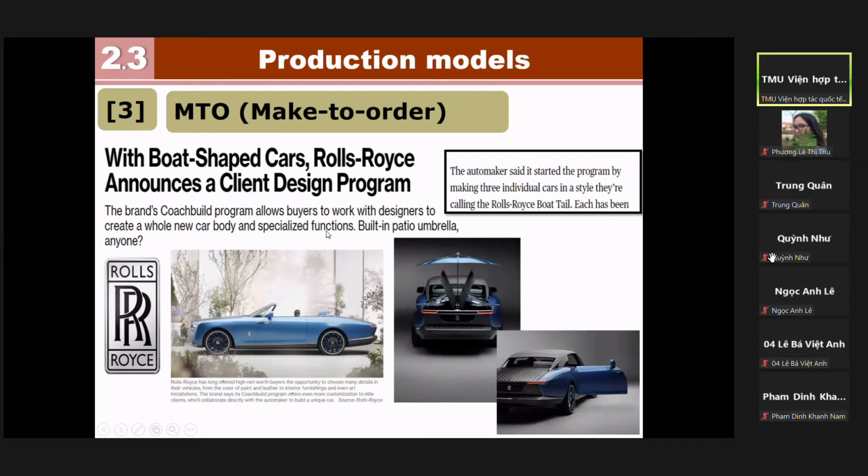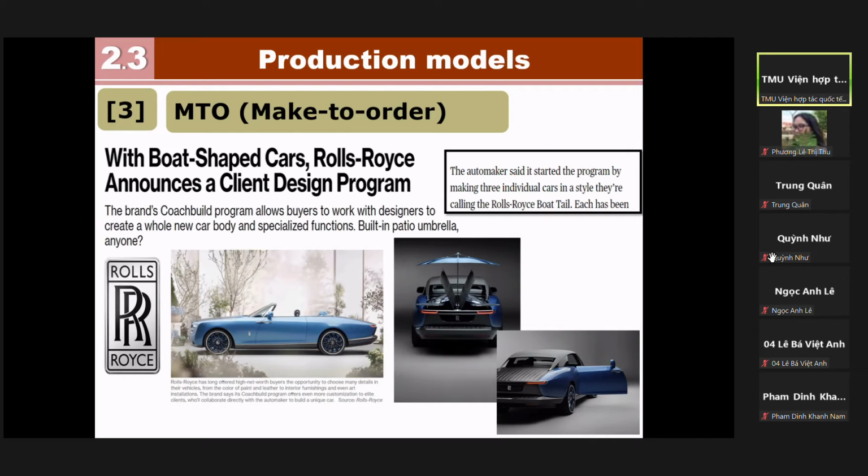For example, a customer would like to add an umbrella to the tail of the car like this, or adjust the main doors of the car like this. So according to some requirements, they will adjust the model.